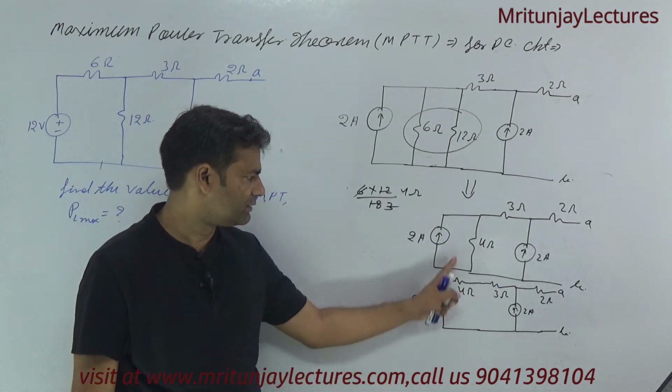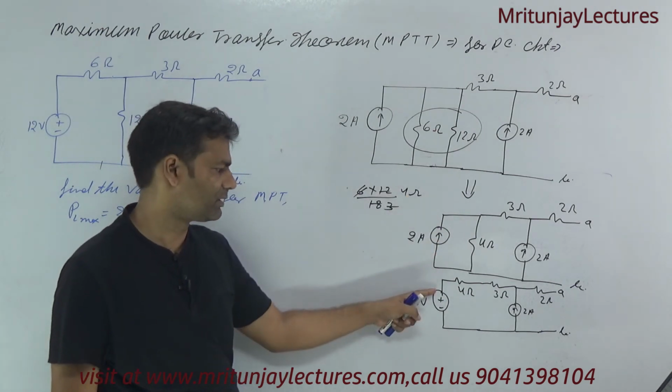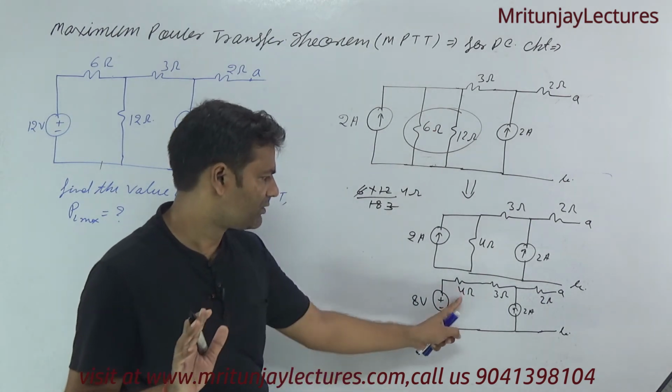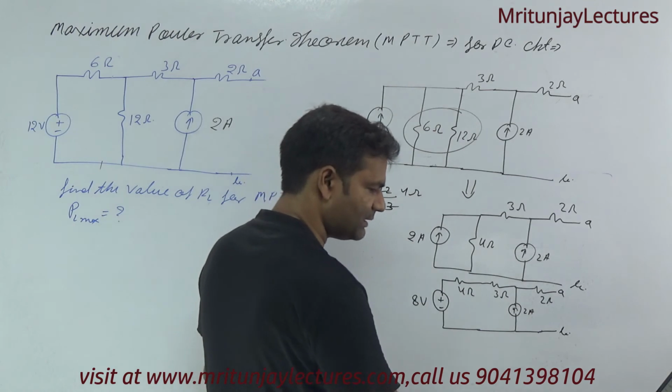8 volt, polarity decided by current. Direction of current is upward, that's why the upper plate is positive and the lower plate is negative. Now 4 plus 3, that is 7.